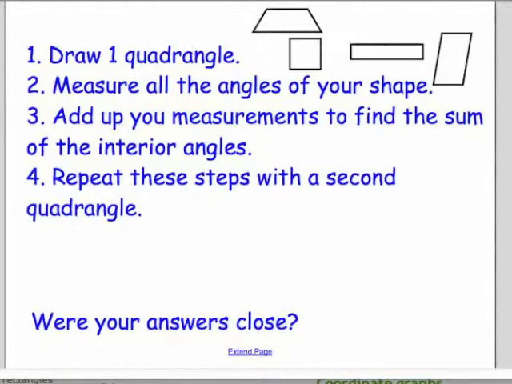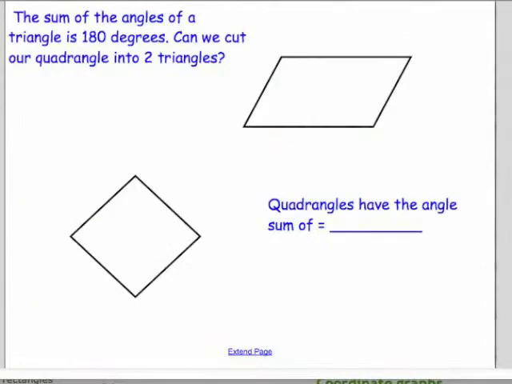All right, so you're back. So were your answers close to each other? Hopefully, if you did it right, you should be right around like 350, 360, 370, right in there somewhere. Let's do one more thing to try to figure this out. We know it's around 350, 360, 370. If you didn't get that last time, you probably messed something up.